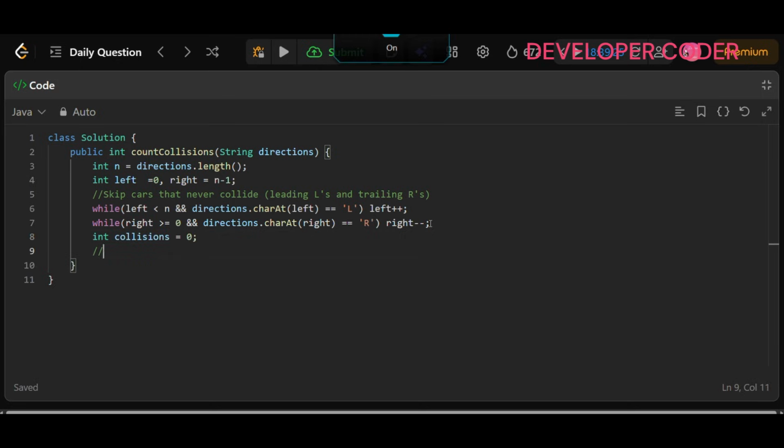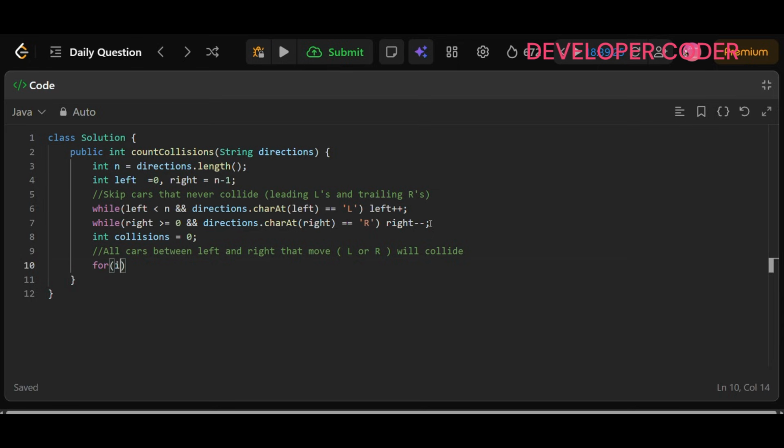Now here I told you that all cars between left and right that move, L or R, will collide. They are not stationary, they will collide.